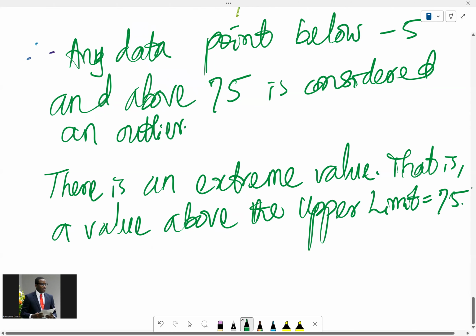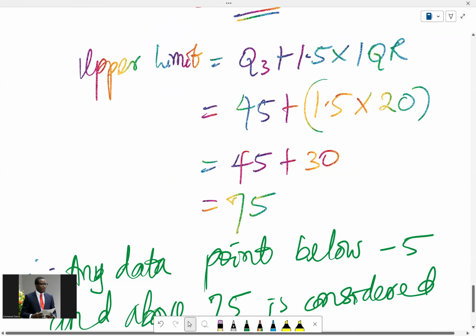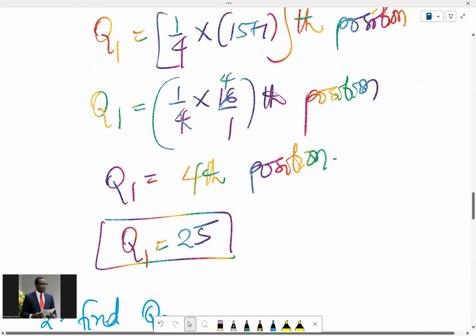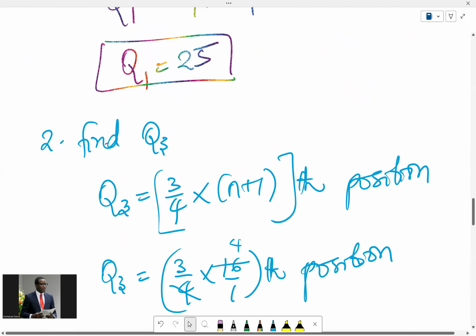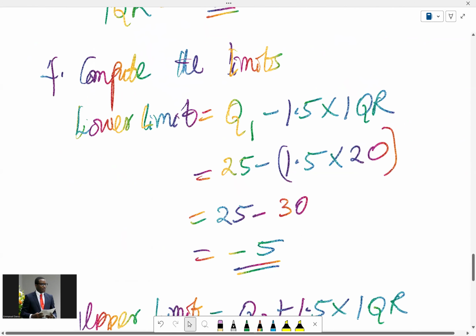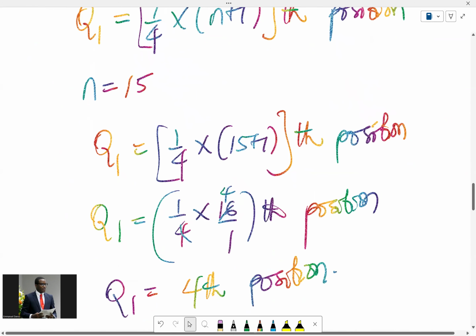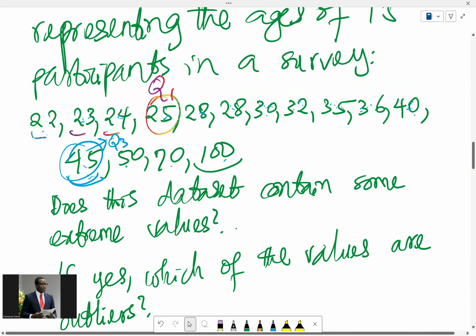All right. So the second part is asking, if yes, which of the values are outliers? Okay. We have only one outlier. That's 100. 100 is the only number above 75.